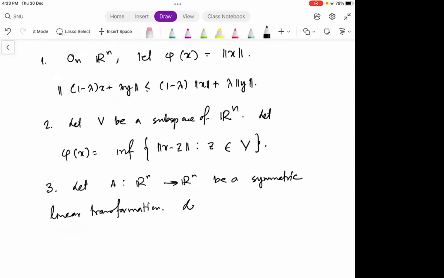Okay. Let phi x equal to Ax inner product x.